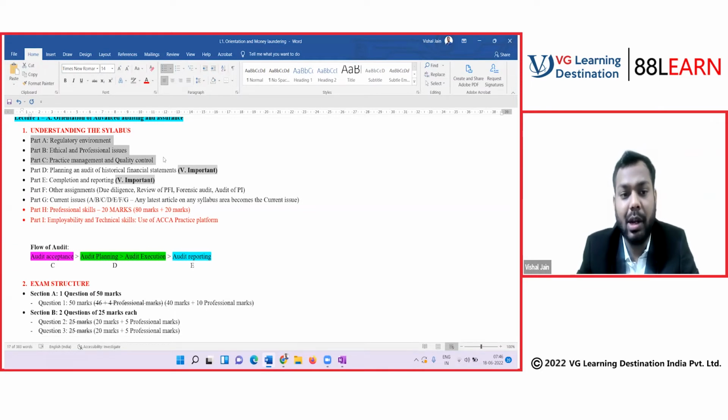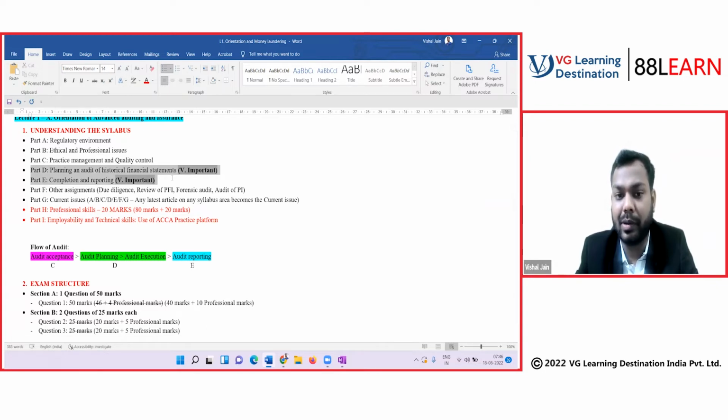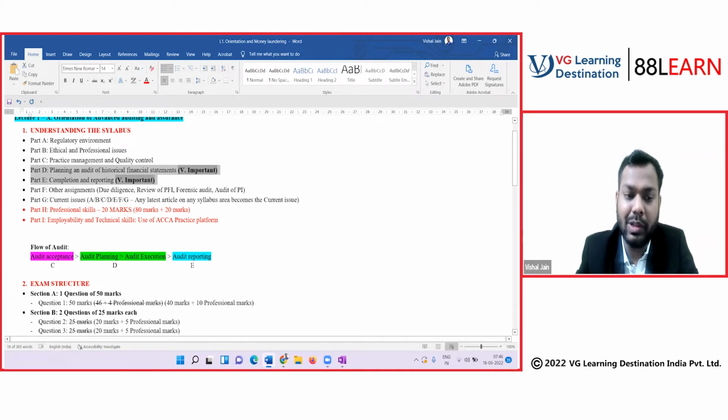Syllabus areas D and E get tested in the range of 50 marks, and the other syllabus areas 50 marks. So you can understand the importance of these two syllabus areas.